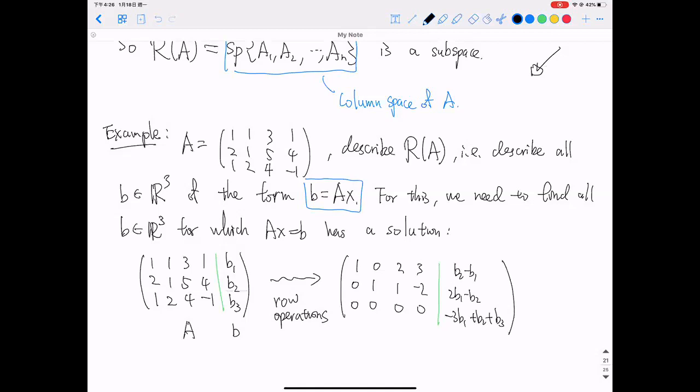As you can see, this is in reduced row echelon form.